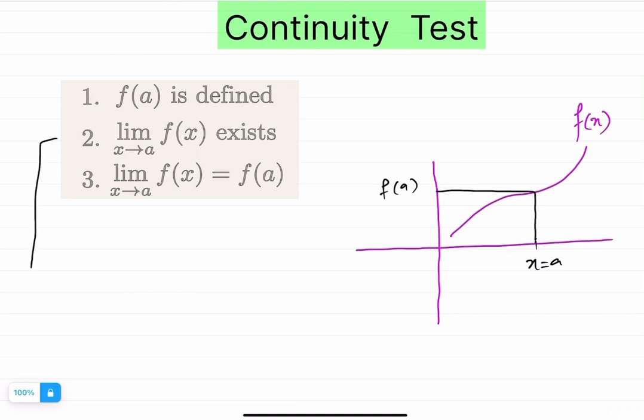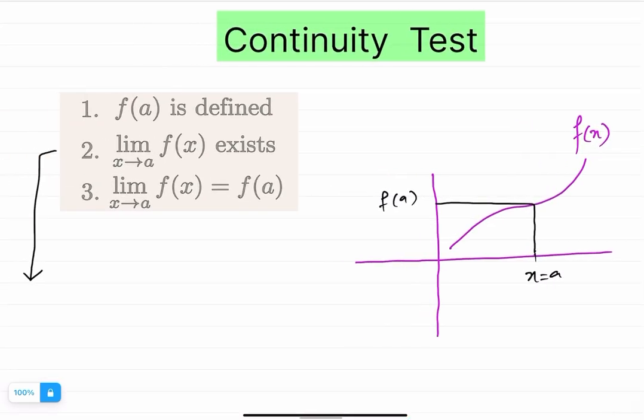The second point is limit as x approaches a from the negative side of f of x should be equal to limit as x approaches a from the positive side of f of x. If left hand limit and right hand limit are equal, it means the limit exists for this function.